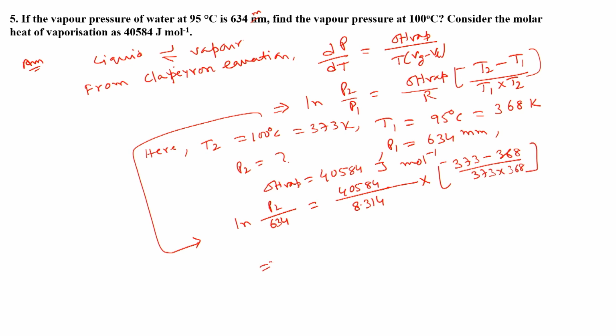Okay. So, we get basically P2 is 759.2 millimeter.